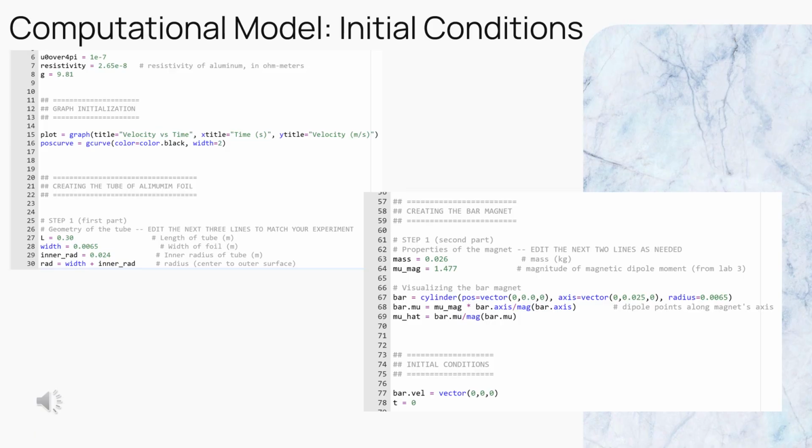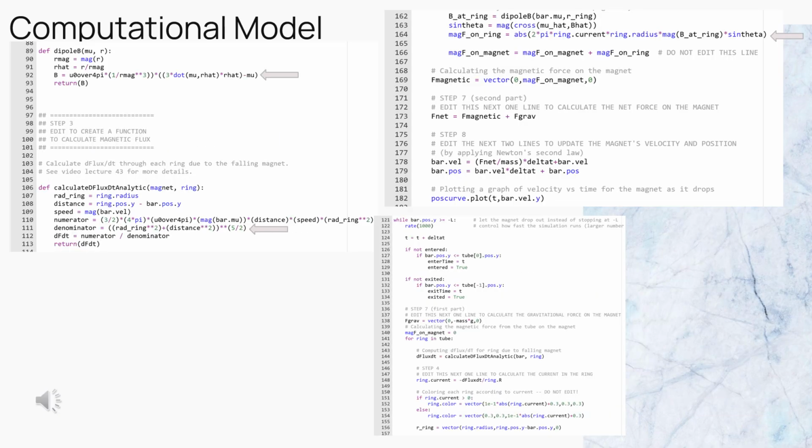Now, the computational model was made using GlowScript, and I have a link to my code in the abstract, but these are all the initial conditions. And here is the rest of the computational model, and the arrows are pointing to the most important equations, which are the B field calculation, the denominator calculation, and the magnetic field of the ring.